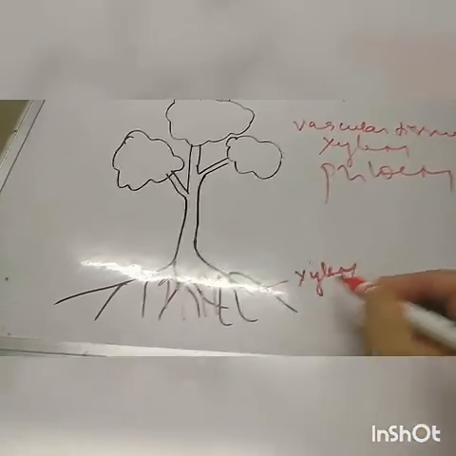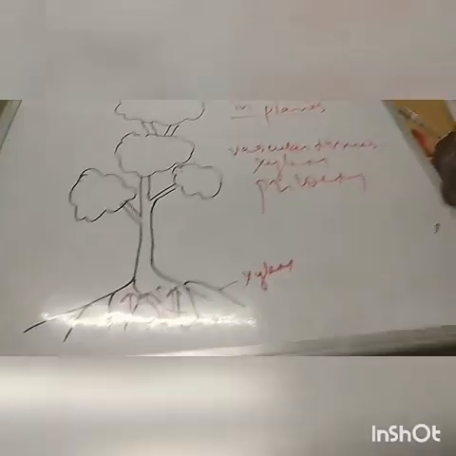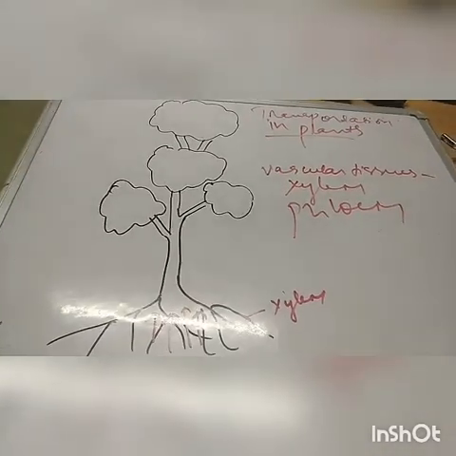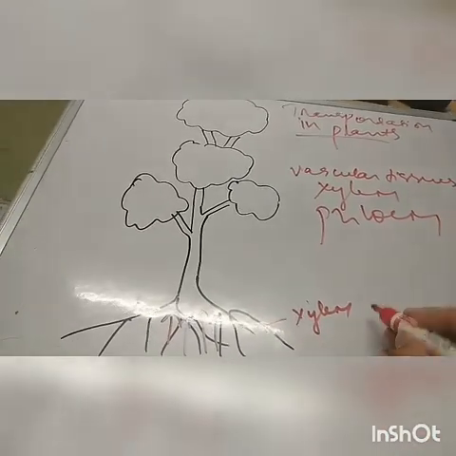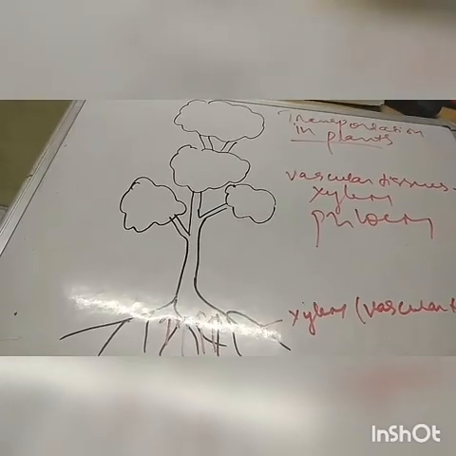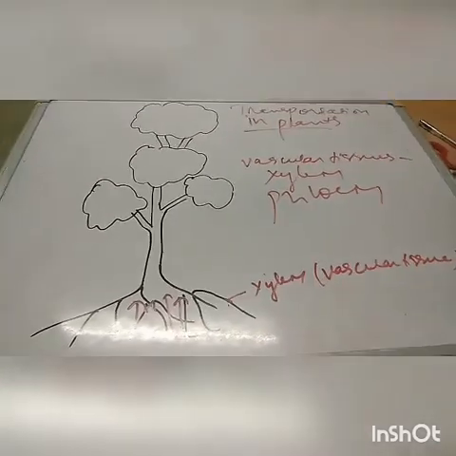In these roots there is a xylem. The xylem is a microscopic structure. You will not be able to see it with naked eyes, you will be able to see it only with a microscope. These xylems are called vascular tissue. It's a hollow structure, which you will be able to see in a microscope. So what does this xylem do?